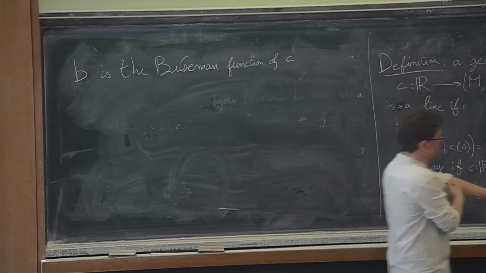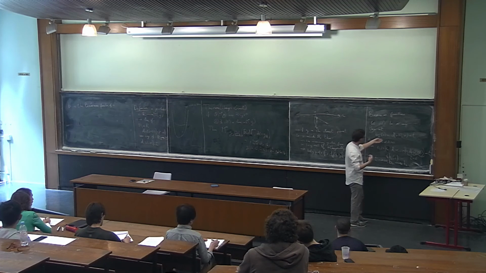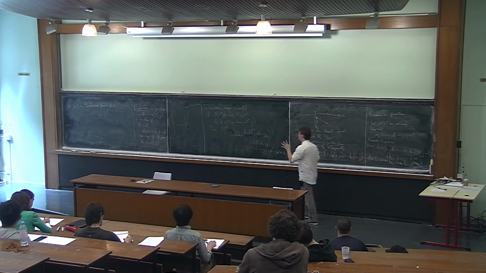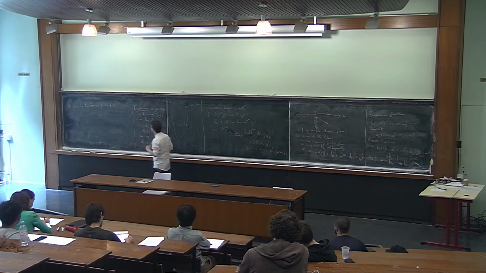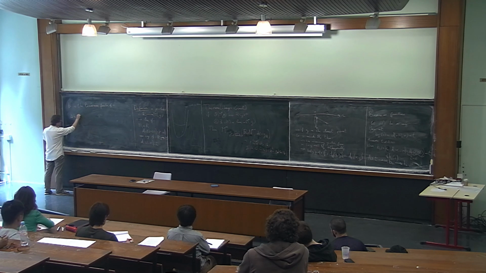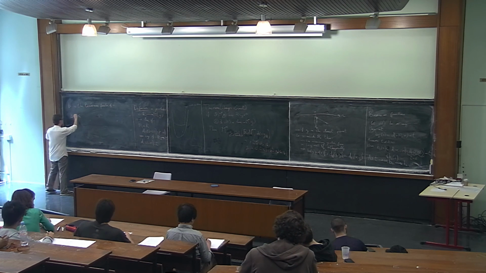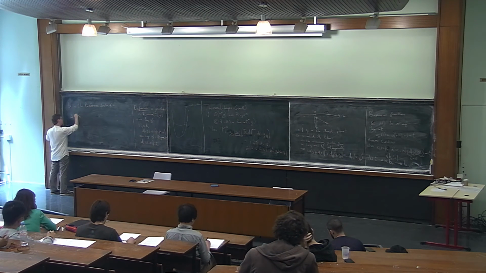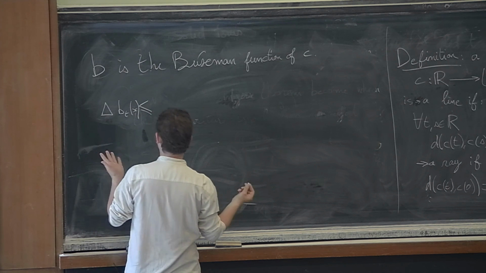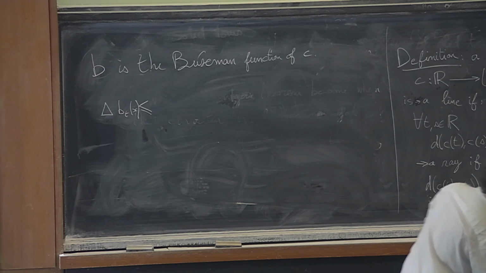Okay, what property does it have? So if you look at each b_t, let us look at the Laplacian of b_t. Laplacian of b_t will be less than, at least where b_t is smooth, but also in some weak sense. Well, the t factor doesn't enter into play.